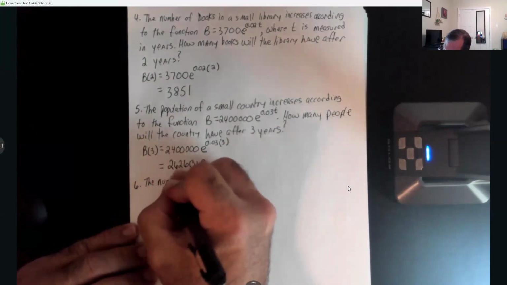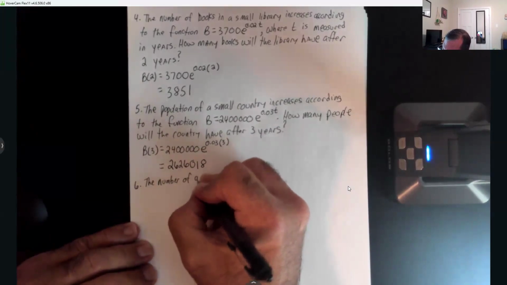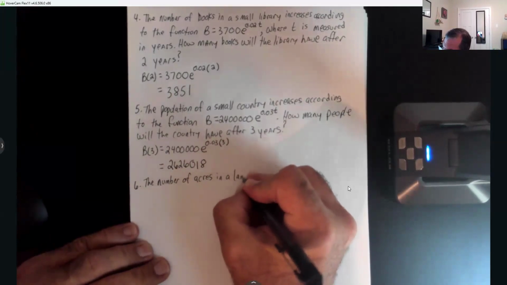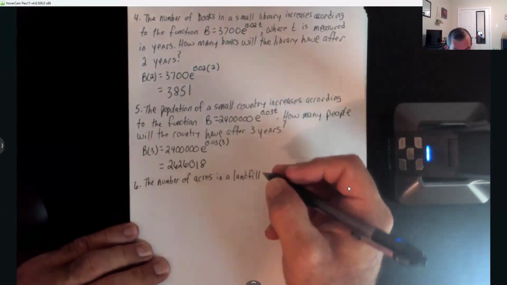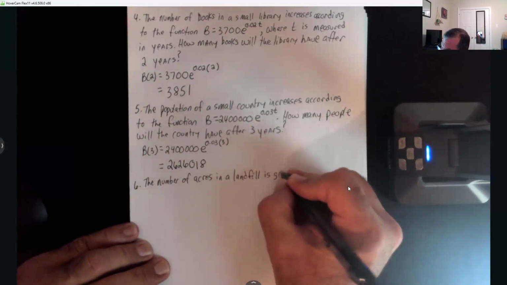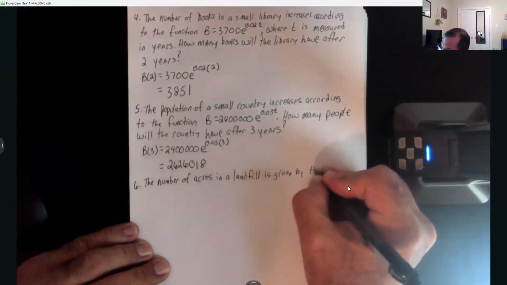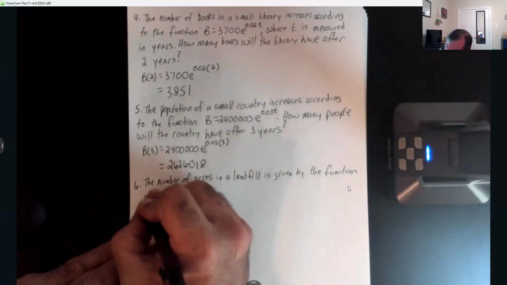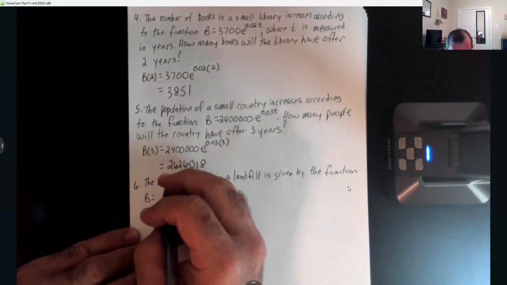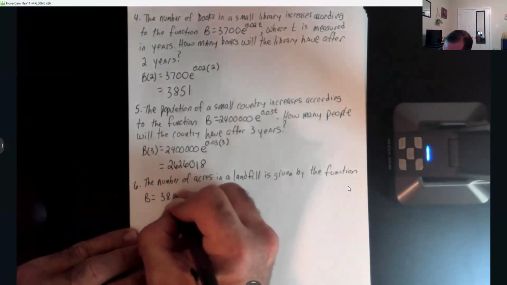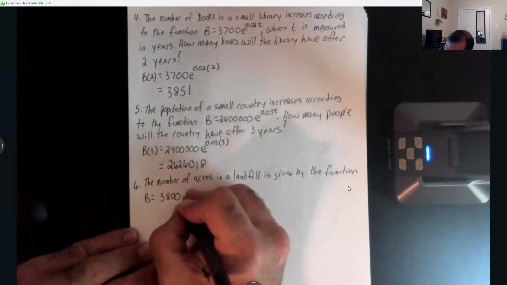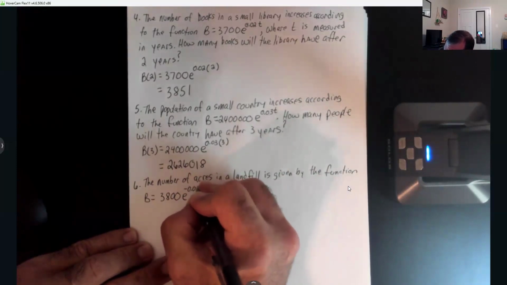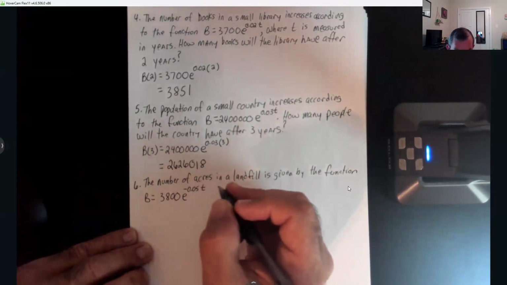So the number of acres in a landfill is given by the function B equals 3,800 e to the negative 0.05 t.